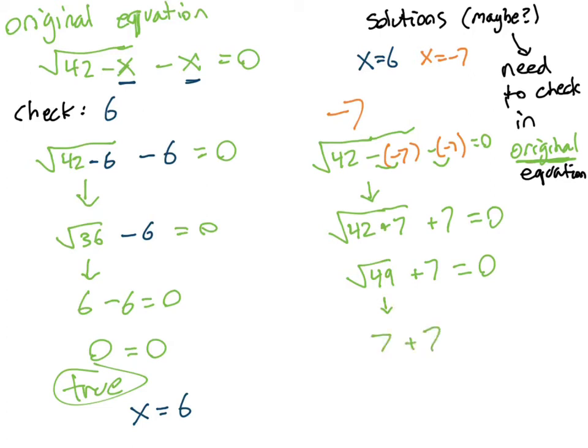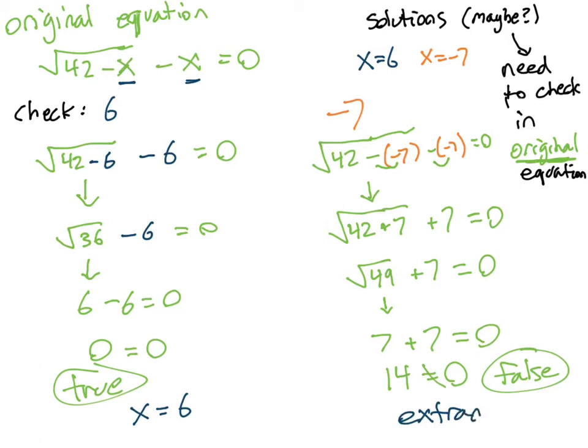So this equation is telling us 7 plus 7 is equal to 0. Well, of course, we know that that's not true. 7 plus 7 is equal to 14, and 14 is not equal to 0. So because that answer gave us something that was false, we would say that -7 is an extraneous solution, and it didn't actually work in the radical equation.